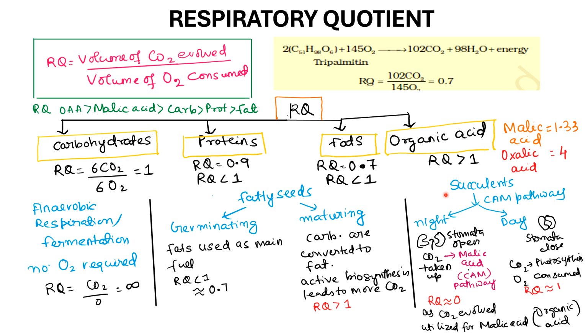Next, let's see the succulents. If you see succulents like Opuntia, which have a CAM pathway, and during night condition, these succulents thrive in very dry conditions, and they have stomata which open only during the night time.